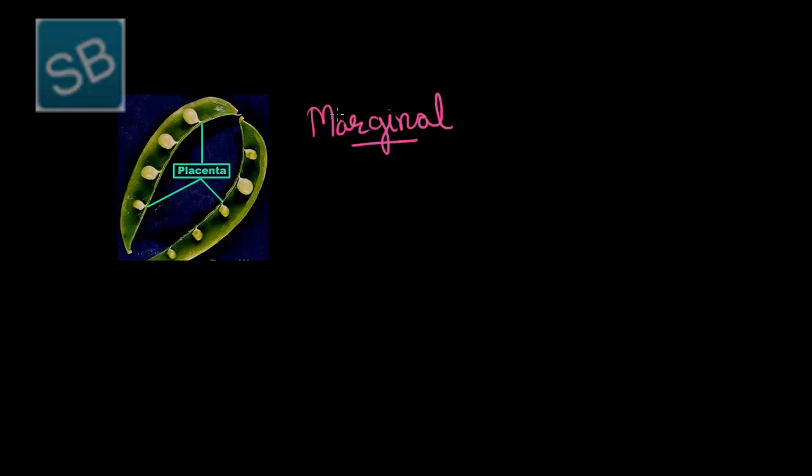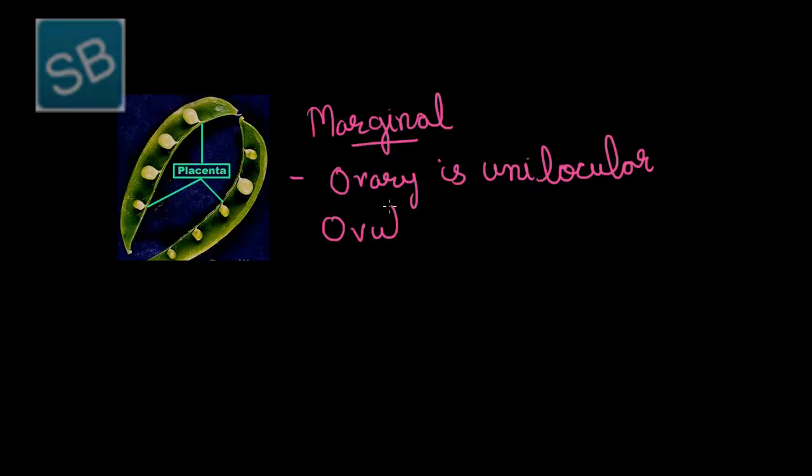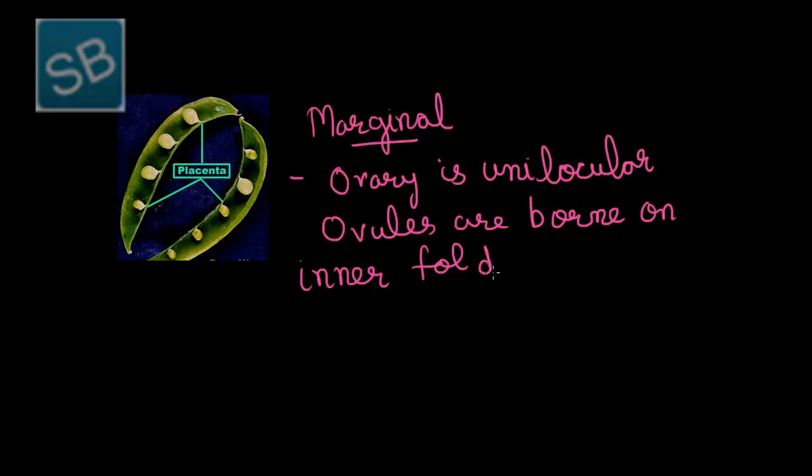Let us begin with the first type of placentation, that is marginal. As said earlier, in this type of placentation, the ovary is unilocular and the ovules present here are born on the inner folds of the ovary wall.